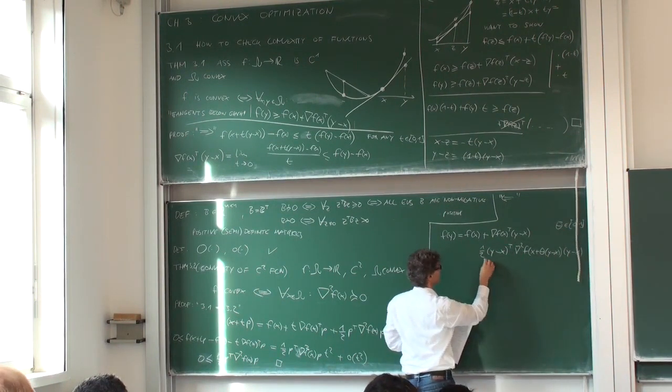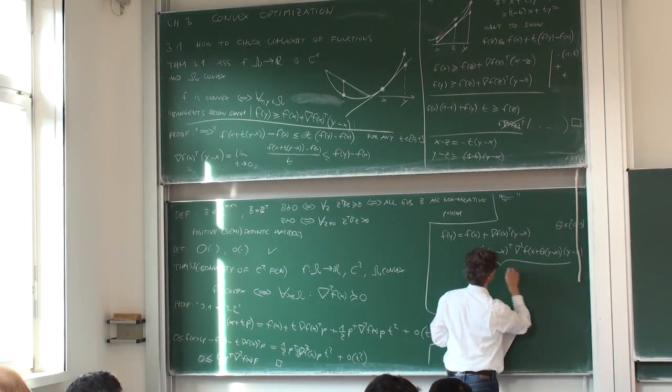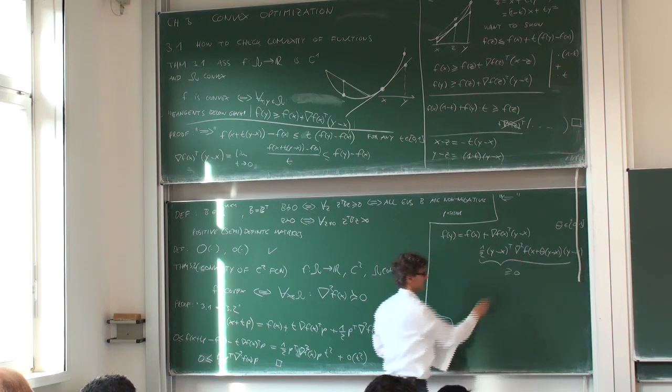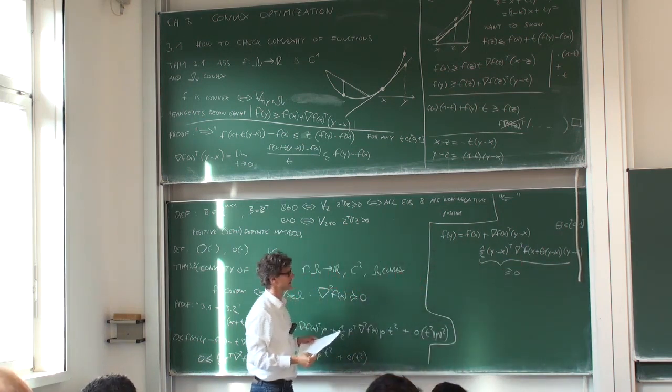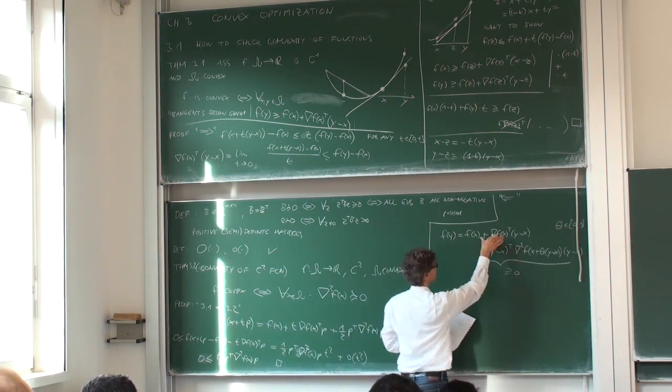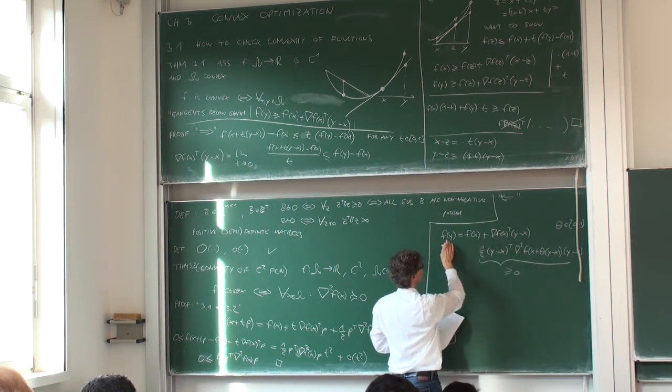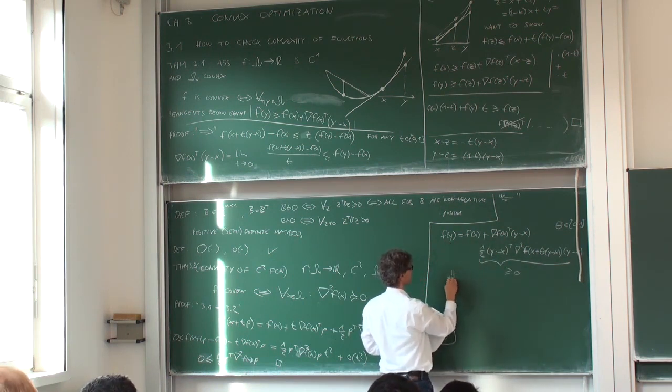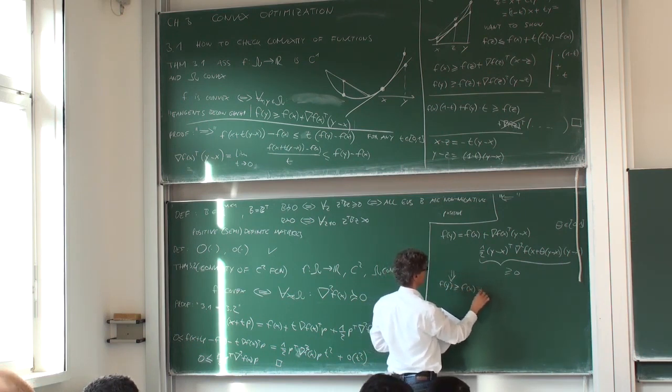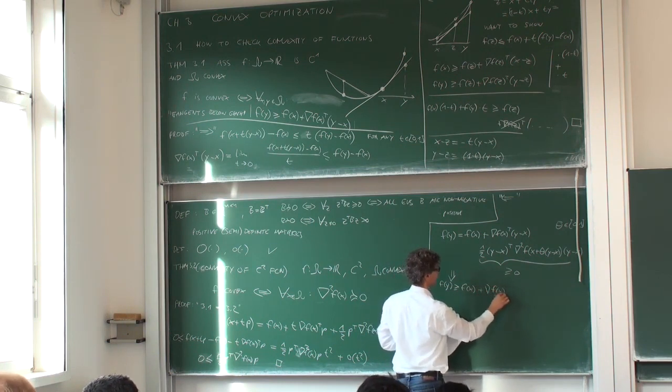And so this whole thing is positive because this Hessian matrix is a positive semi-definite matrix, and that means that this term here must be smaller than that one. So this implies f of y is bigger than f of x plus this.